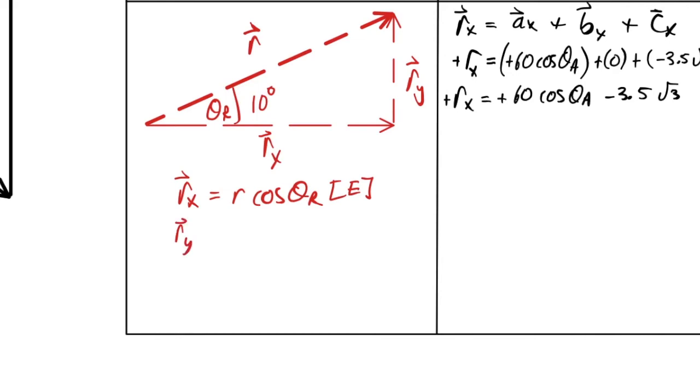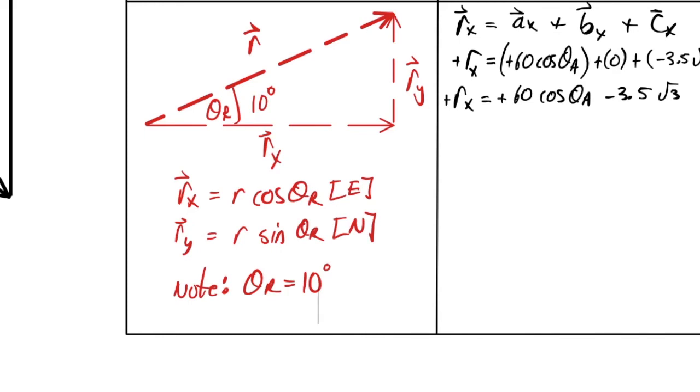And Ry is going to be R sine theta R north. The important thing to note is that theta R is not a variable, but a known value of 10 degrees. However, I'm going to work with theta R. There's a reason. Normally, I would just put the 10 degrees in there to do that sort of quasi-algebraic method. But by leaving the theta R in there, hopefully that will guide you to the next part of the solution.